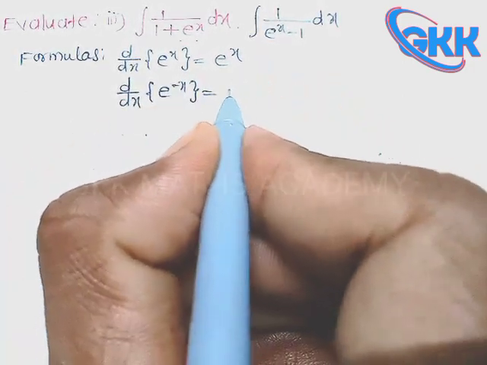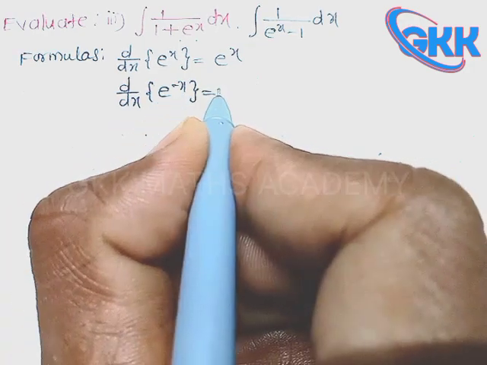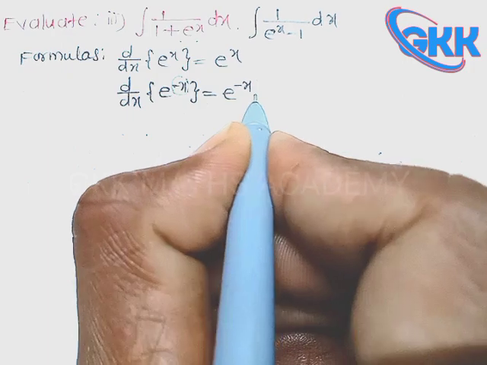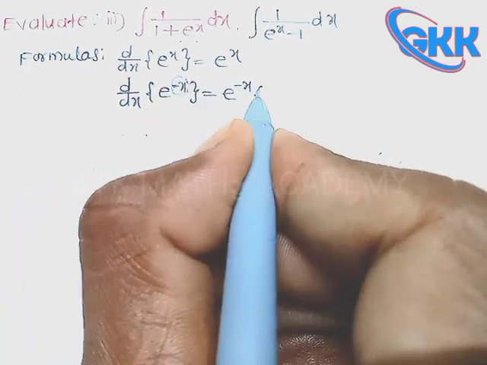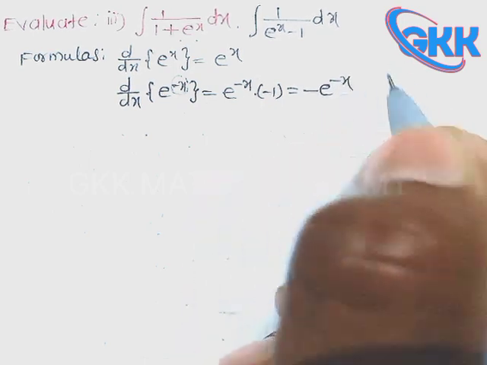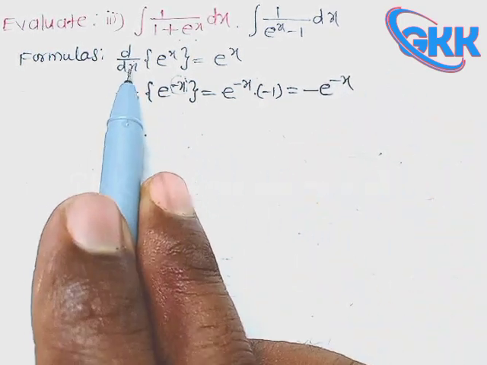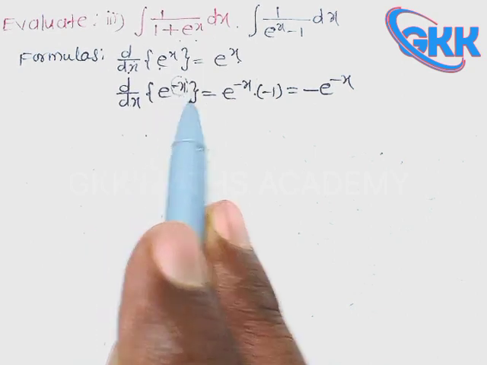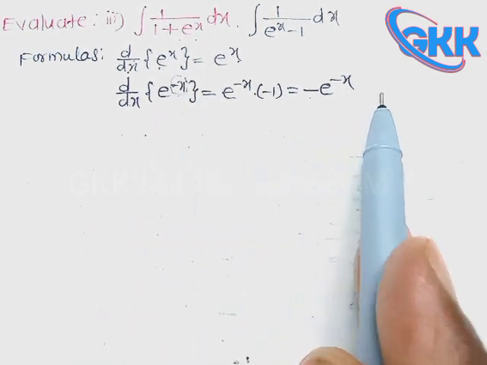It is in the form of e power x, e power minus x, but it takes the minus 1, so minus e power minus x. The reason I am explaining is that directly you can write d by dx of e power x is e power x, and d by dx of e power minus x is minus e power minus x.